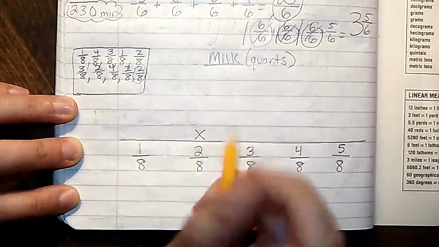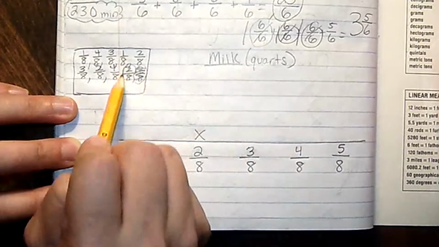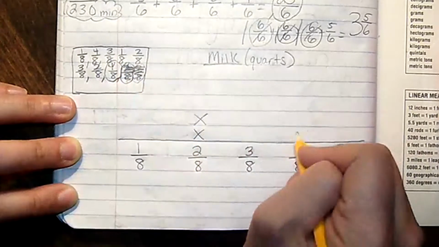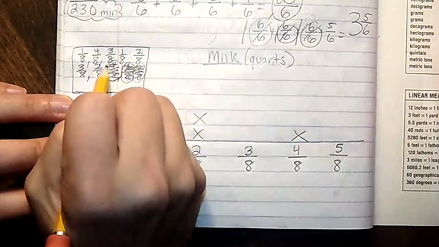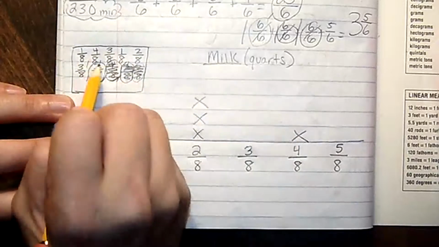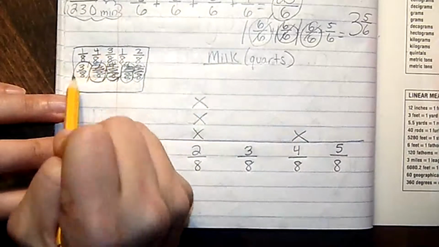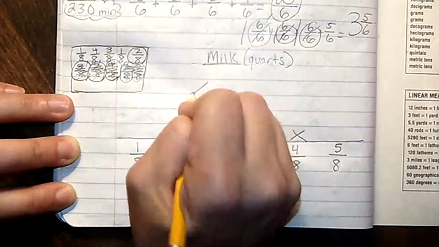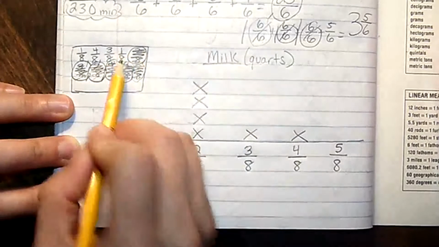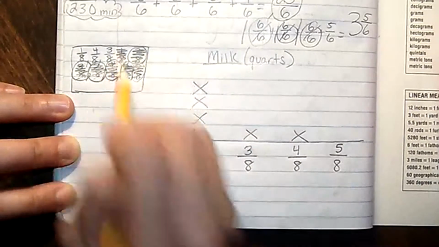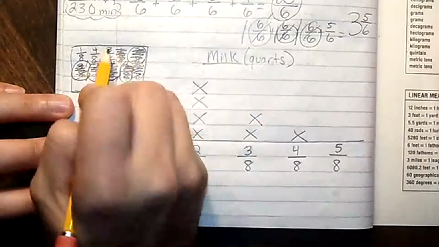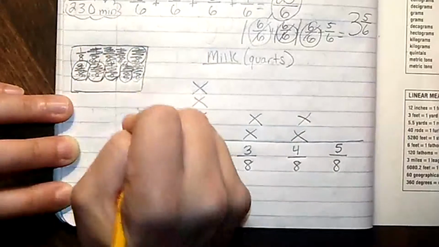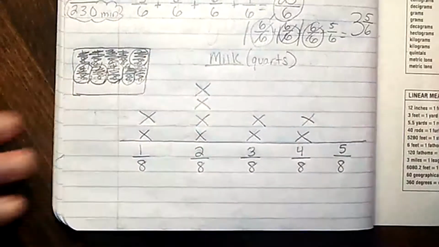I'm going to come down here and put an X. 2/8, I come down here and put an X. 4/8, an X. 2/8, an X. 3/8, an X. 2/8, 1/8, 3/8, 4/8, and 1/8. All right, so now I have my information.